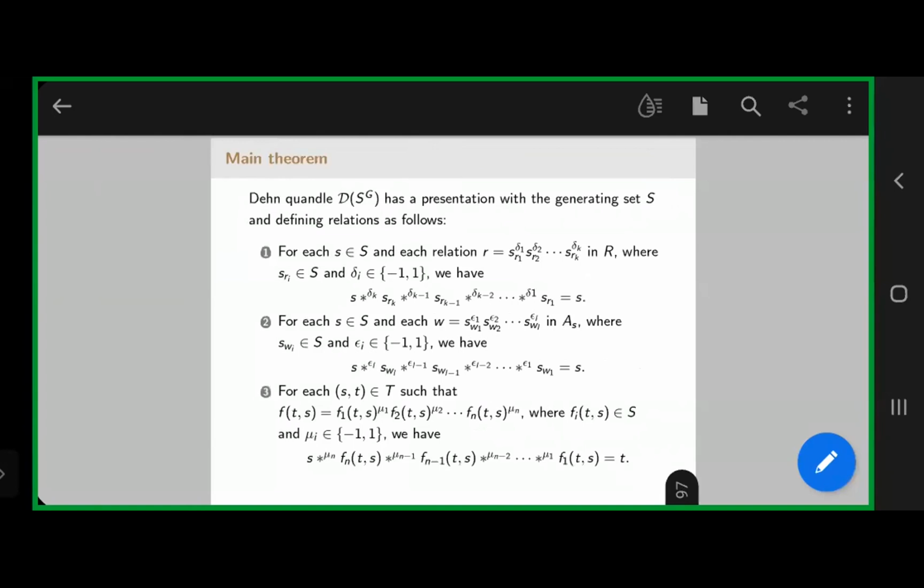So you take all the elements of S, because that is again going to generate your Dehn quandle also. What are the relations you are looking at? The relations are the relations of the group written in terms of the quandle.